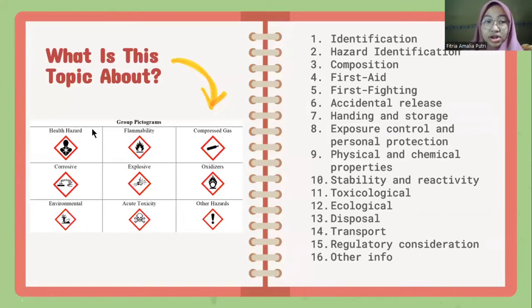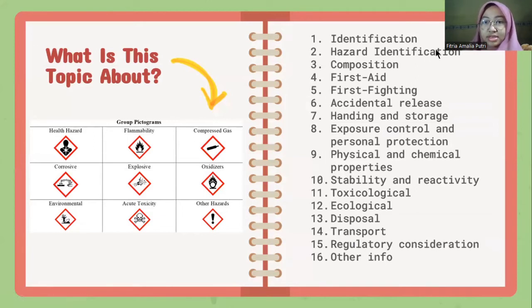Here we see pictograms of all kinds: health hazard, flammability, compressed gas, corrosive, explosive, oxidizers, environmental, acute toxicity, and other hazards. These are the 16 sections.